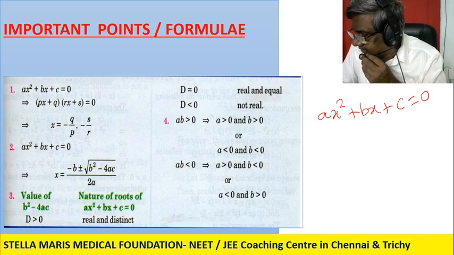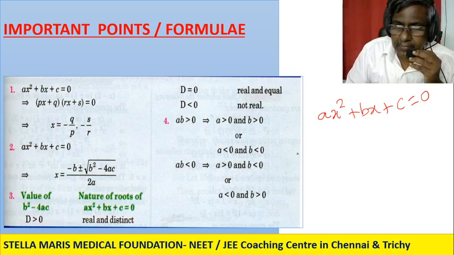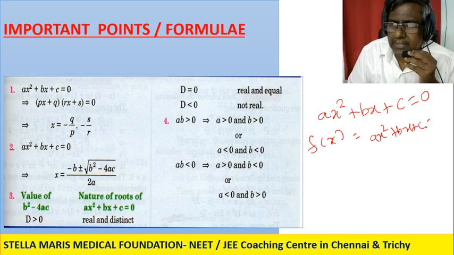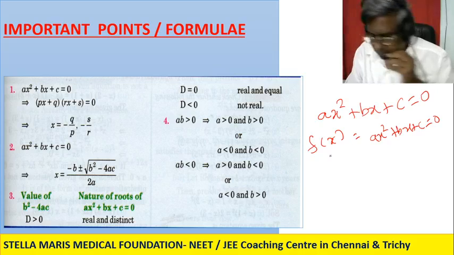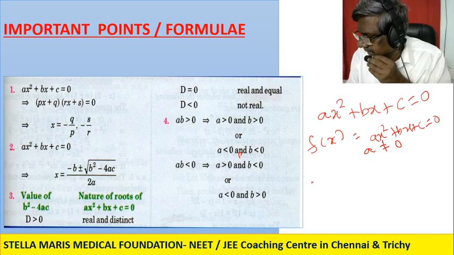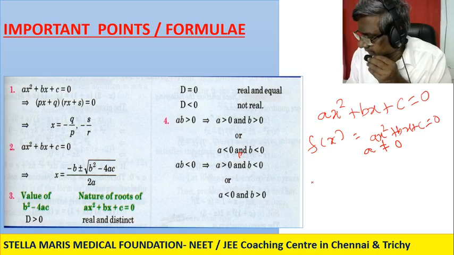So we would have studied in our polynomials: if f of x is equal to ax square plus bx plus c is equal to 0, then a is not equal to 0. This is called a quadratic equation.